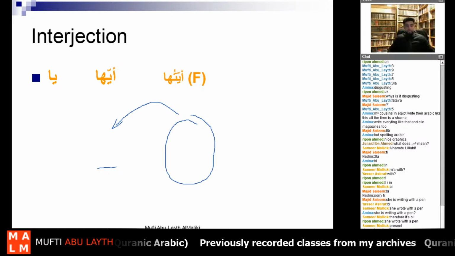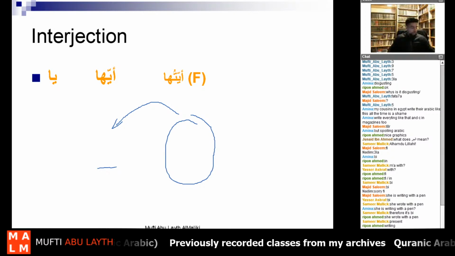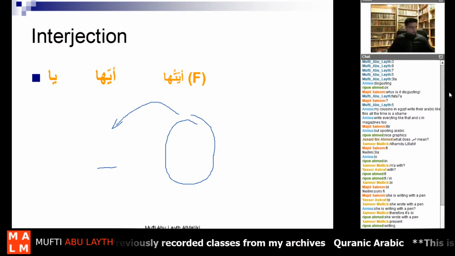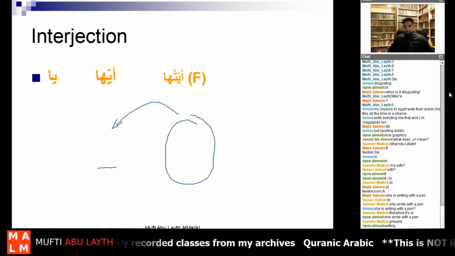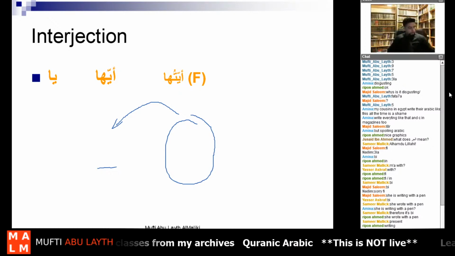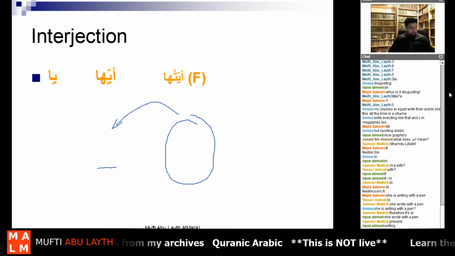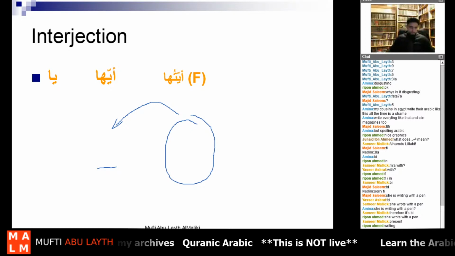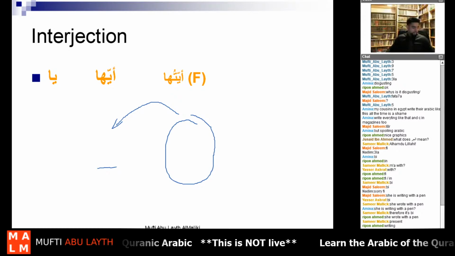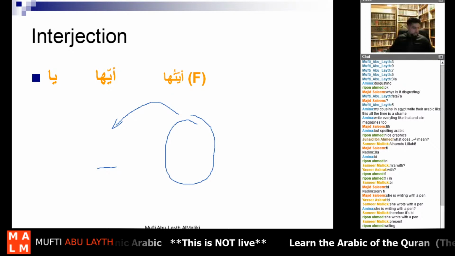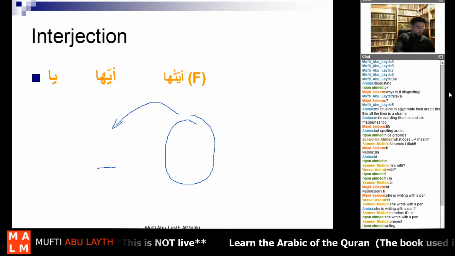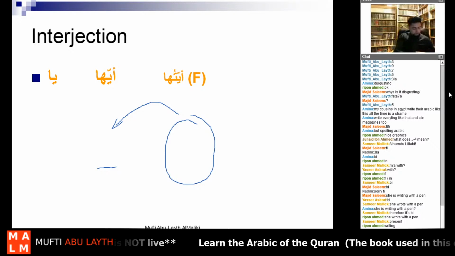And the correct answer is with a pen. She's writing with a pen. So the correct answer is ba. Okay, what about number 2? Which are the correct prepositions? It mentions dhahabtu, al-bayti, al-masjidi.